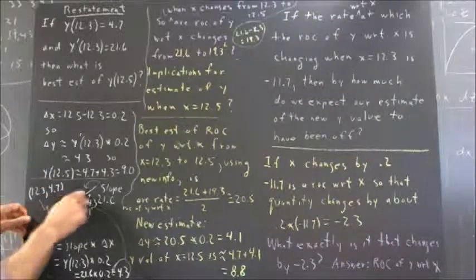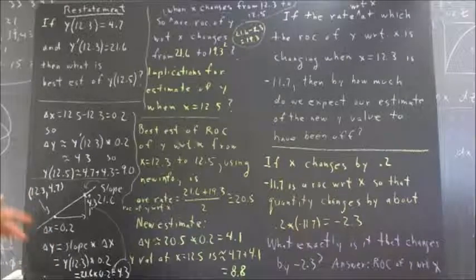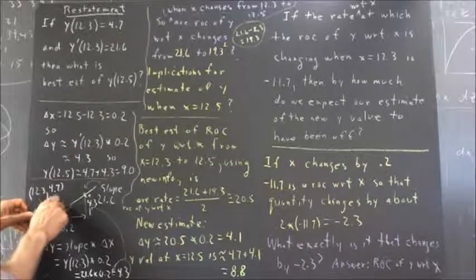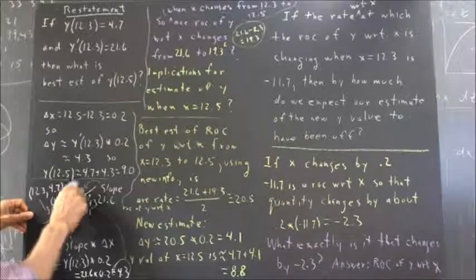and we conclude that this new point here, which should be close but not exactly on the graph of our y function, should be about 12.5, 9.